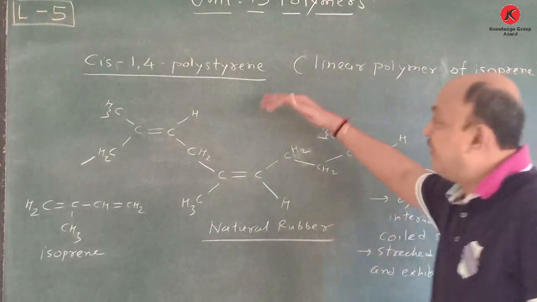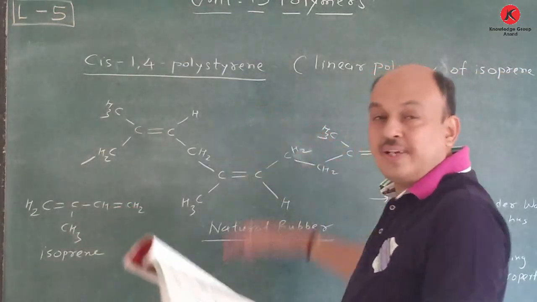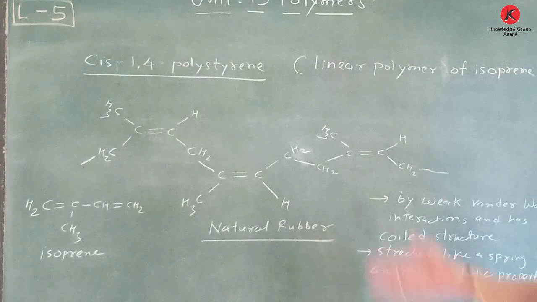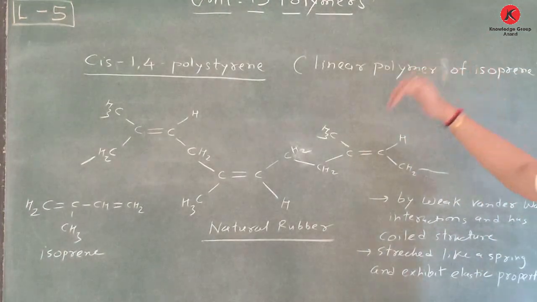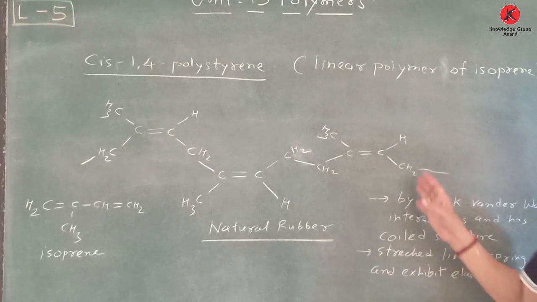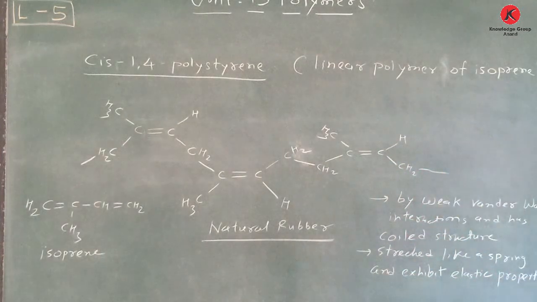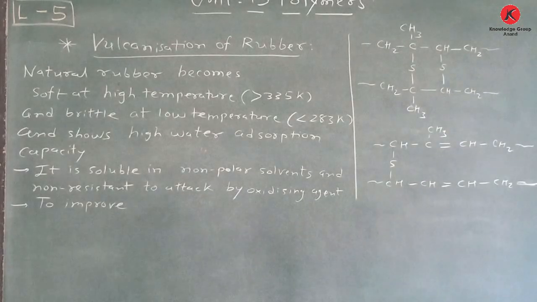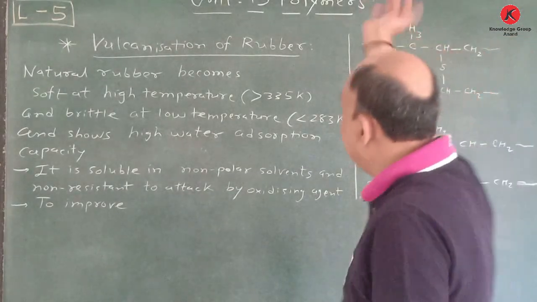Okay, so it's a very easy topic, but the next topic is very important, vulcanization of rubber. So just make a screenshot of this and write it from your NCERT textbook, and complete it. So here, vulcanization of rubber, the second topic.